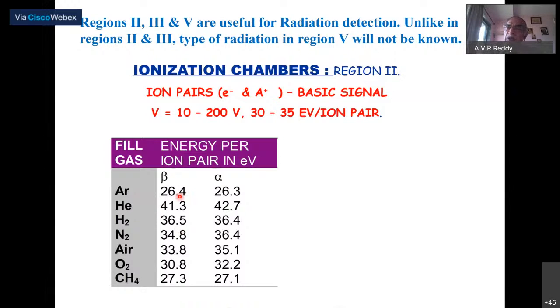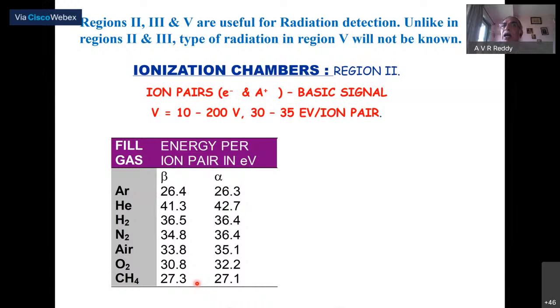So for argon, it is 26.4 eV to produce one ion pair. Suppose you have, as I told in the example, let's say a 2.6 MeV beta, then you get a lakh ion pairs in the initial interaction. If you put a bit of voltage, they can be separated, and you produce the ion current. And helium is 41.3, hydrogen 36.5, nitrogen 34.8, air 33.8, oxygen 30.8, though normally people don't use it, methane 27.3.